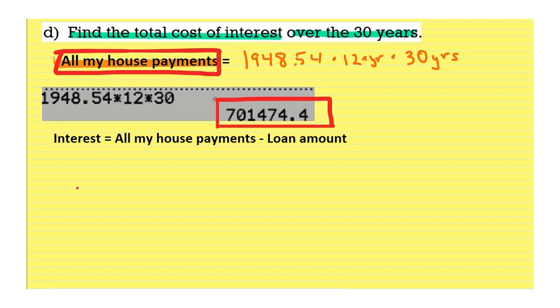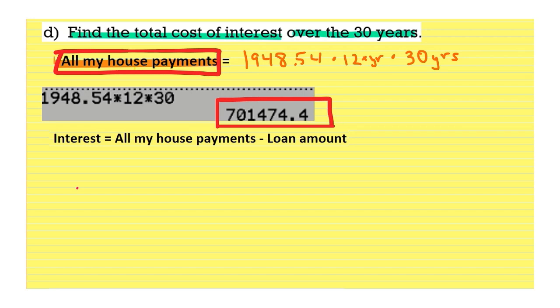So that is a lot of money. So my house only cost me over 400,000 originally, but in interest and house payments, I have made a total of $701,474.40 in house payments.